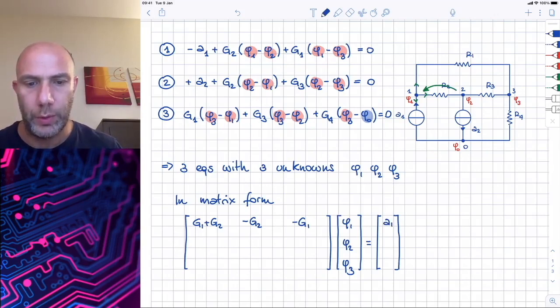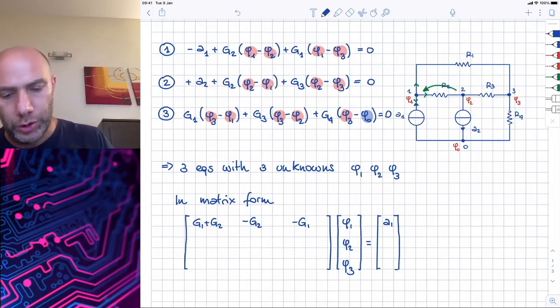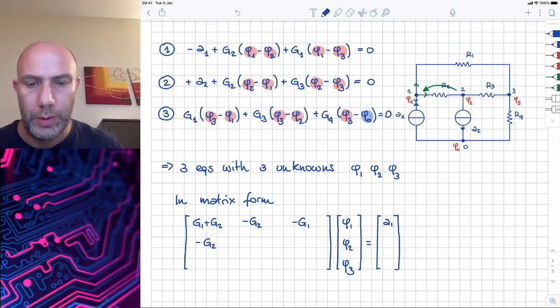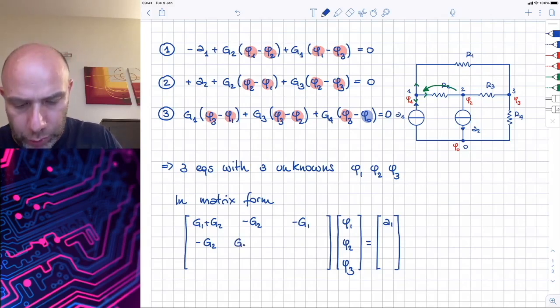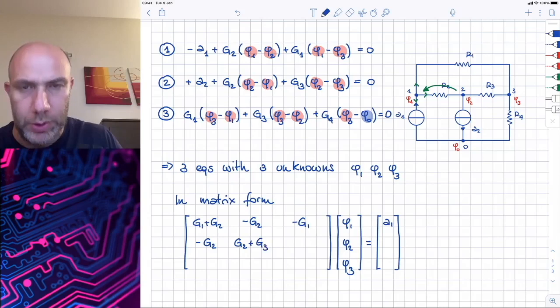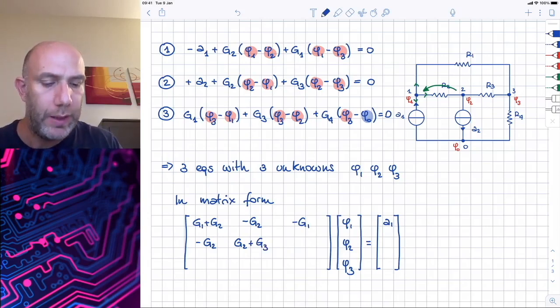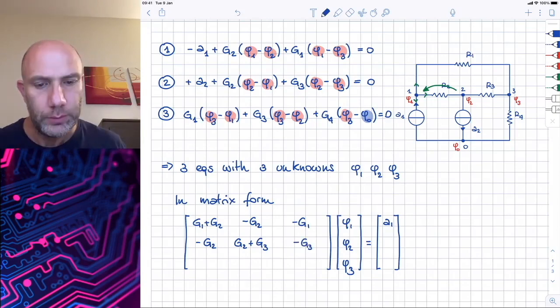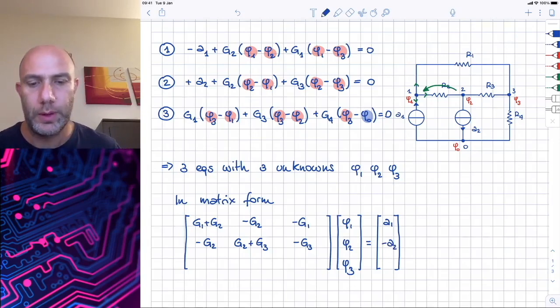If we take the second equation, the term that multiplies phi 1 is simply G2 with a minus sign. Phi 2 is multiplied by G2 and G3, so we have G2 plus G3 in position 2, 2. And in position 2, 3, we have minus G3. At the right-hand side, we have minus A2.